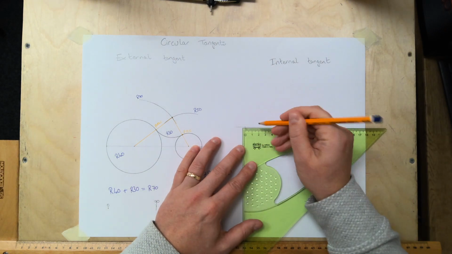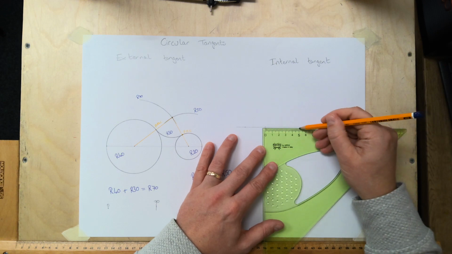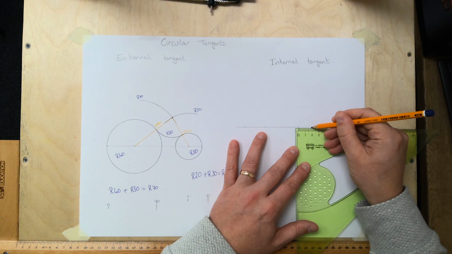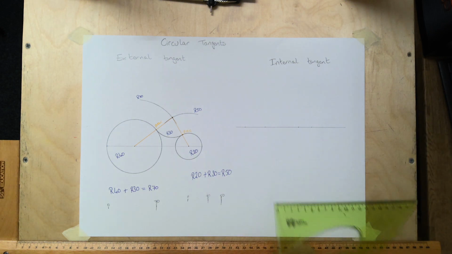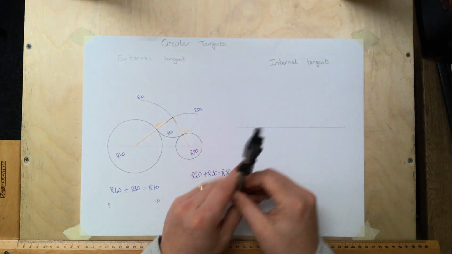I have my radius 30, then my center points are 50 millimeters apart, and then radius 20. Okay, so this is going to be for our internal tangent.